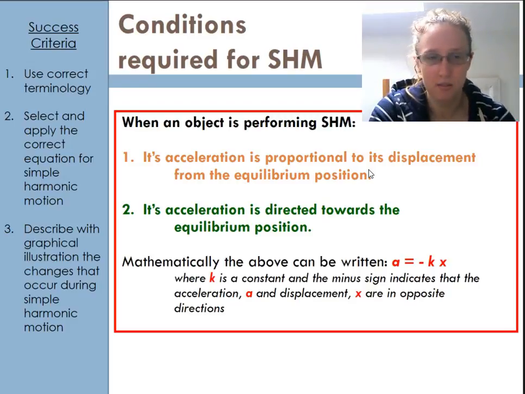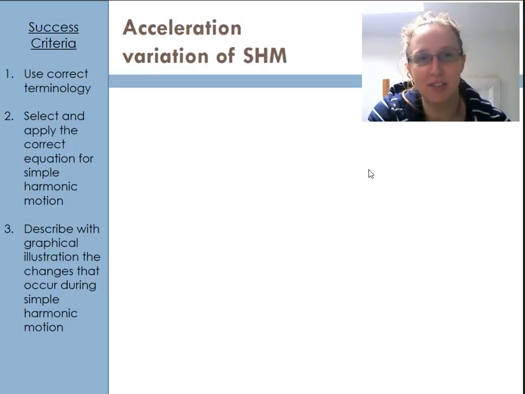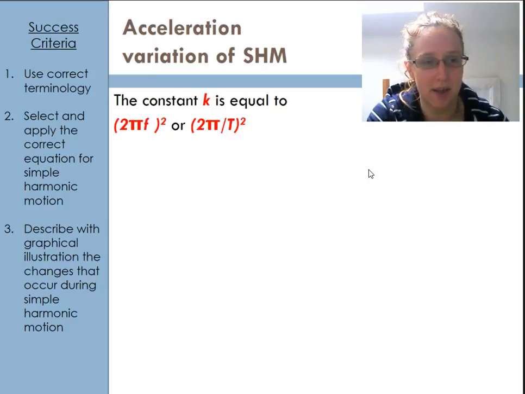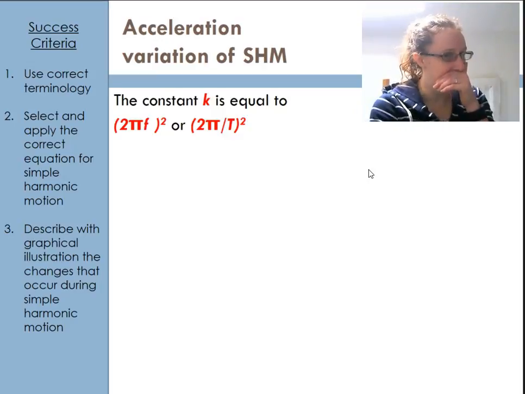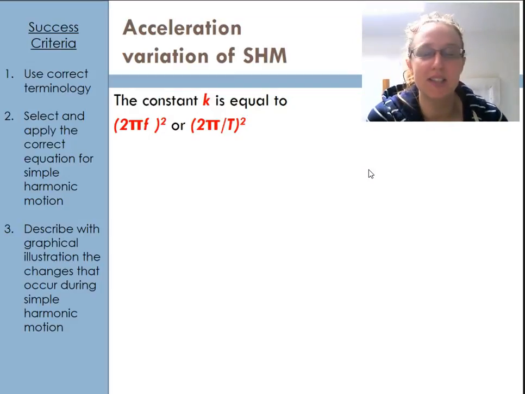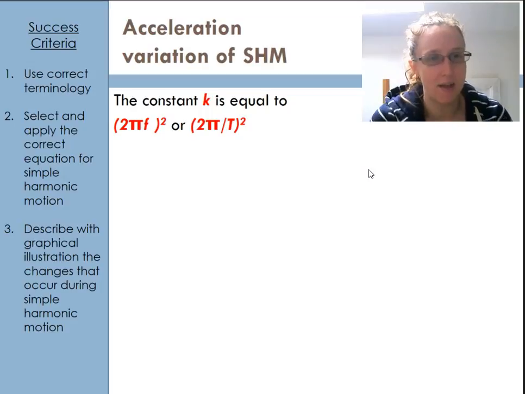Okay, so let's have a little look at how the acceleration does vary with SHM. Oh, sorry, one second. I said that there was a constant, and this constant k is equal to (2πf)² or (2π/T)².